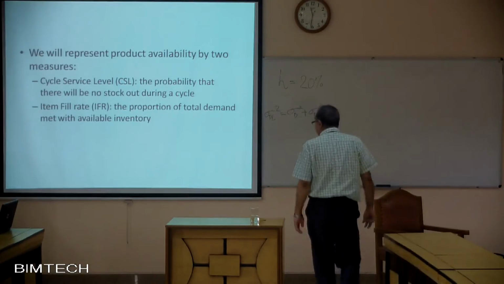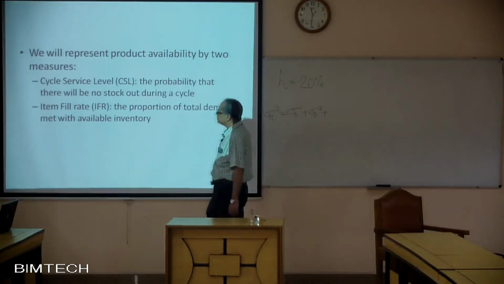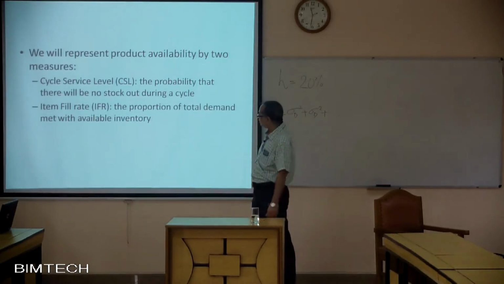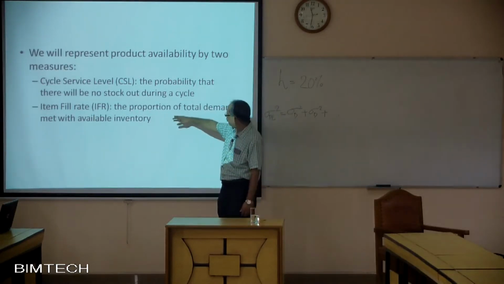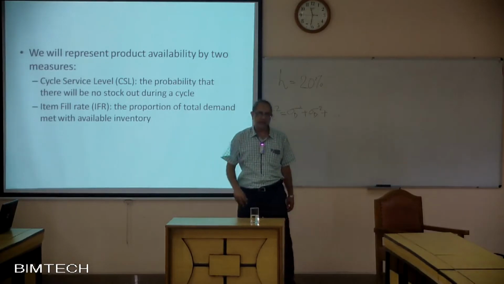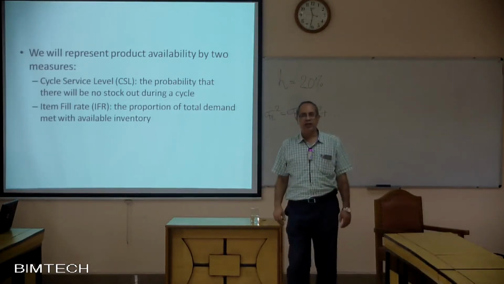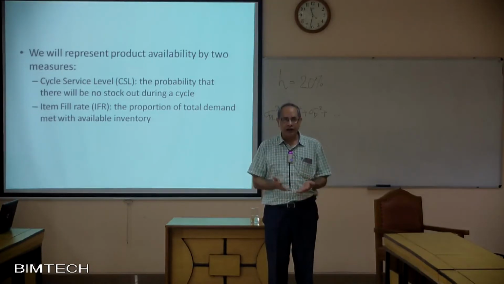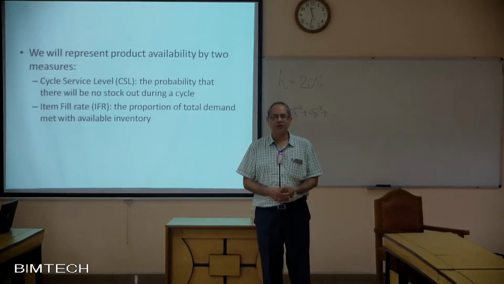Okay, what is the other way of measuring availability? We are calling it the item fill rate. And what does it represent? It represents the proportion of the total demand that is met with the available inventory. If the demand is 100, are we meeting 100 of 100? No, we are not. It is not possible, like I said earlier, to meet 100 of 100.